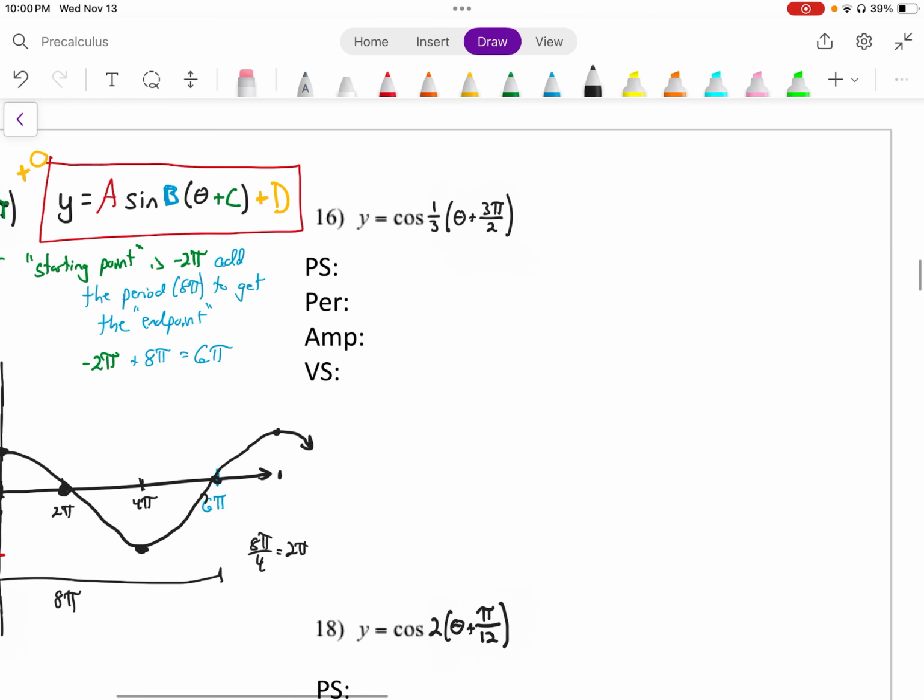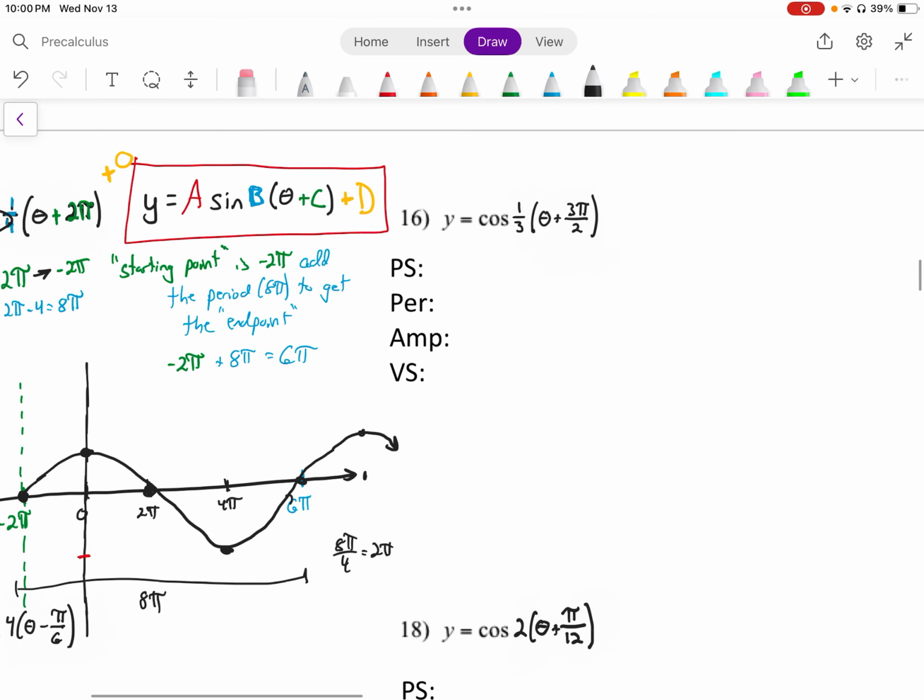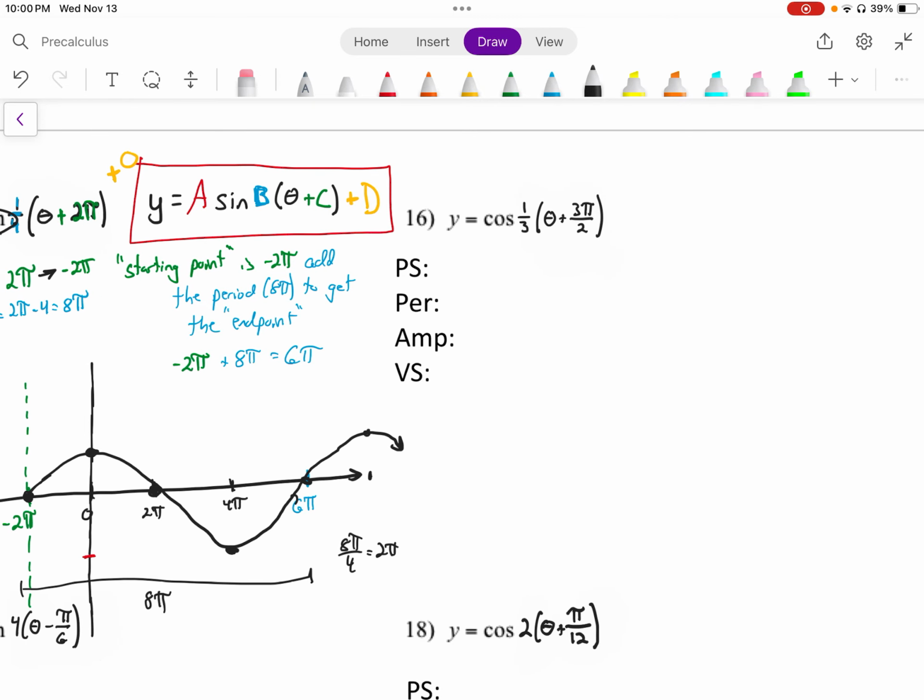Very similarly, we have number 16. Our phase shift is plus 3 pi over 2. So we're going to go left 3 pi over 2, so negative 3 pi over 2 is going to be our starting point.